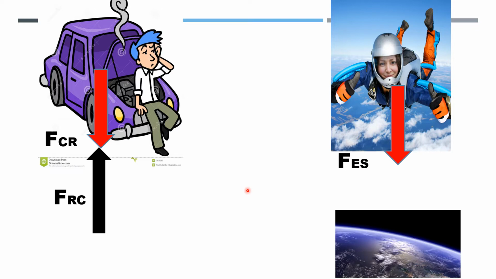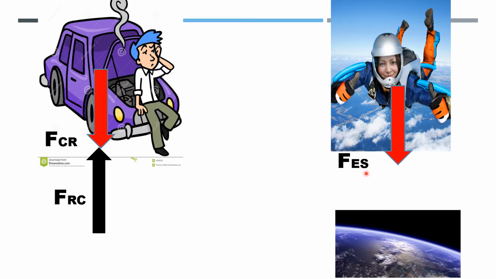If you notice the way we label the force, for example, the force of the earth on the skydiver is labeled here as F sub ES. Okay? So the first subscript refers to the body that is exerting the force, followed by the body where the force is being exerted. FES, force of the earth on the skydiver.